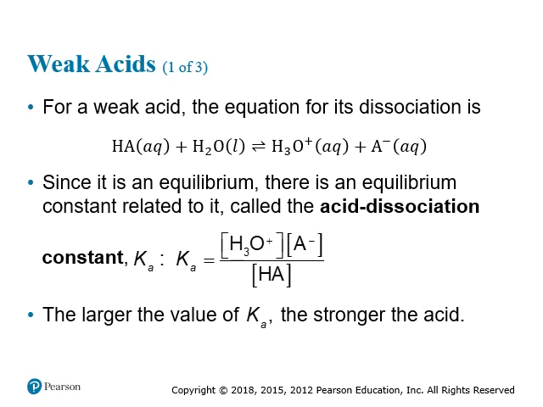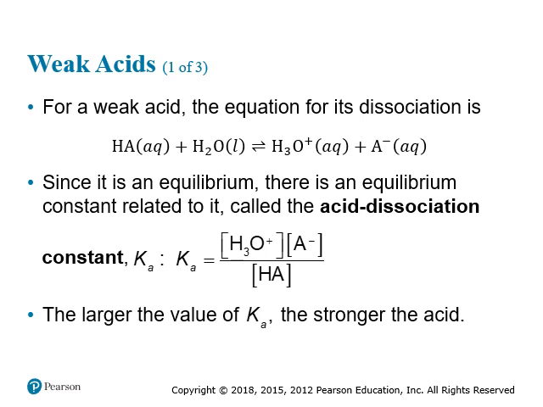Since this is an equilibrium situation, then in fact there will be a K sub C value associated with it. Here, this is a special K sub C value that we call K sub A, or the acid dissociation constant. The larger the value of Ka in general, the stronger the acid.